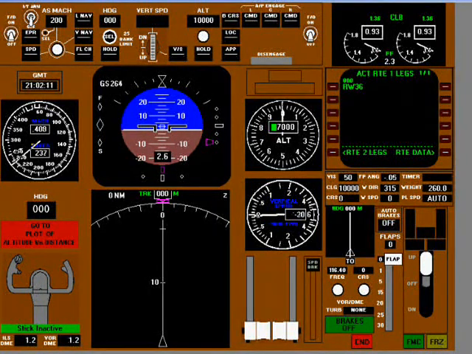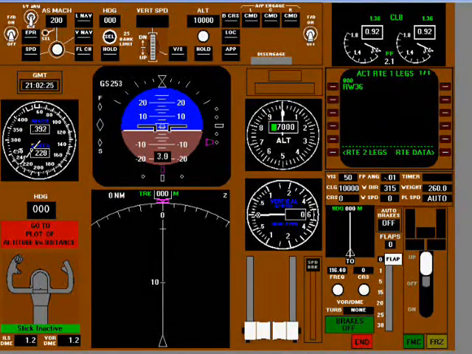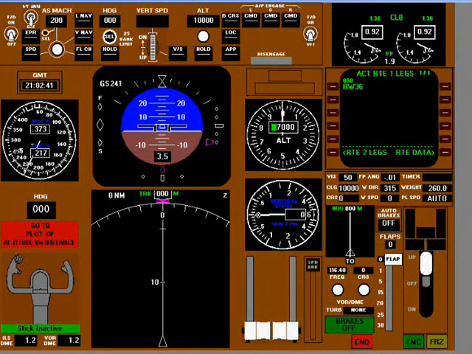Now that the altitude has been captured, we must coordinate a pitch increase with decreasing airspeed in order to maintain the altitude constant. And as the airspeed approaches 210 knots, we will reset the EPR to the value that will maintain the speed constant at 210.